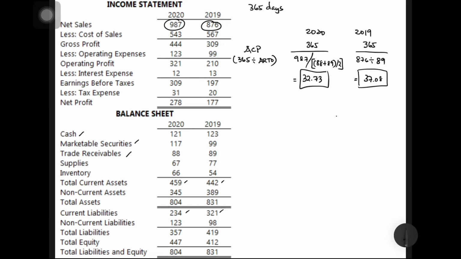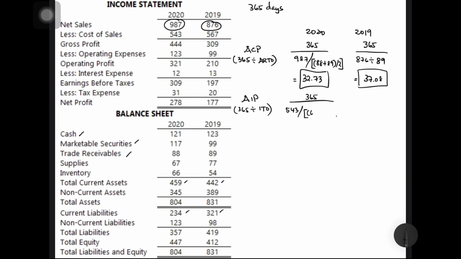How about for average inventory period? The formula is 365, because that's given, divided by inventory turnover. So numerator 365, get your cost of sales in 2020, 543. Divide this by your average inventory.